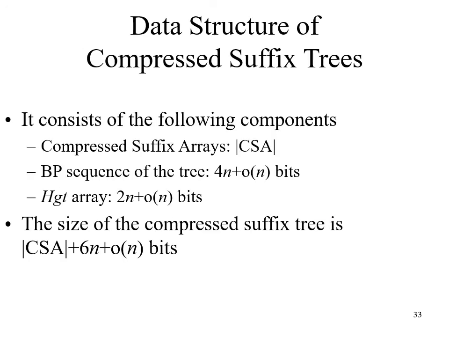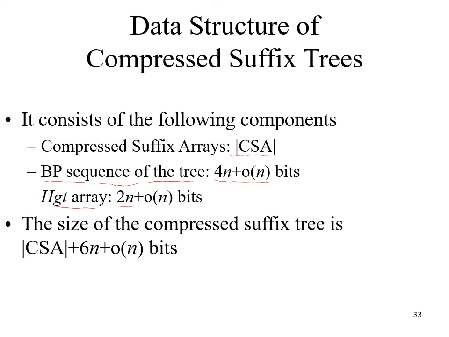So this is a summary. The compressed suffix tree consists of the following components. The compressed suffix array, and the balanced parenthesis sequence of the tree structure, whose space is 4n plus little o n bits, and the height array has 2n plus little o n bits.